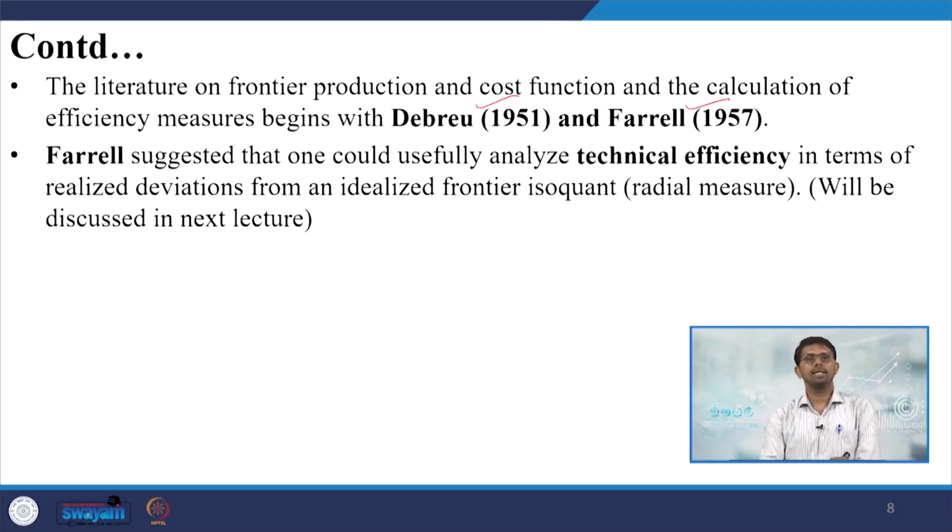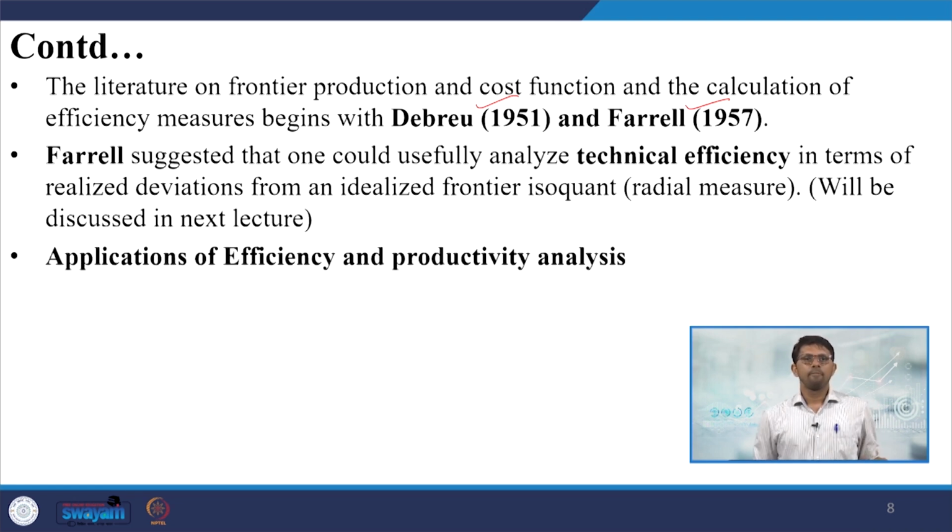Farrell suggested that one could usefully analyze technical efficiency in terms of realized deviations from an idealized frontier isoquant, usually measured through radial measures. We will discuss this in our next lecture.